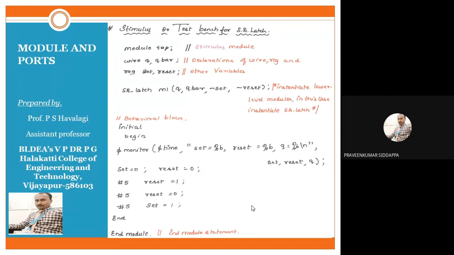If you want to check the functionality of the SR latch, then whatever code we have written, that code we should invoke. Is it clear? We should invoke that particular code, and we are applying the inputs to it. Clear or not?